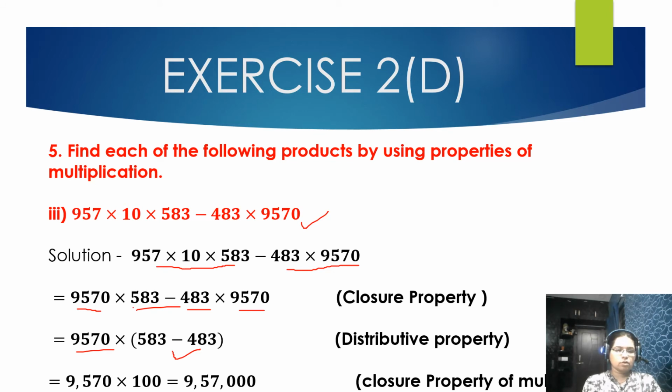Now we get 9570 multiplied by 583 minus 483, we get 100. So 9570 multiplied with 100 equal to 9,57,000. And this is the closure property of multiplication of whole numbers.